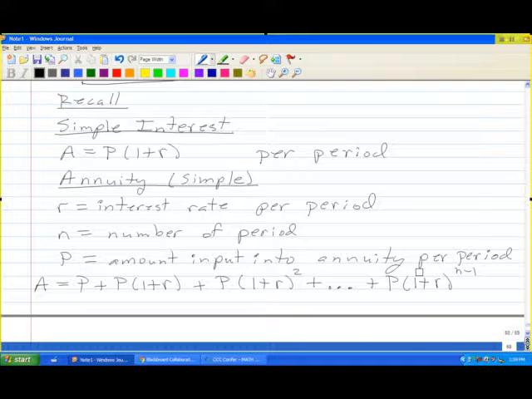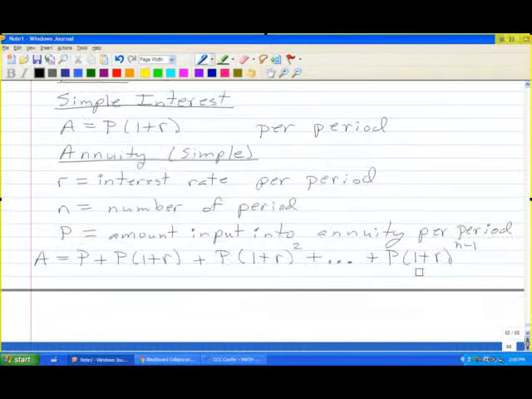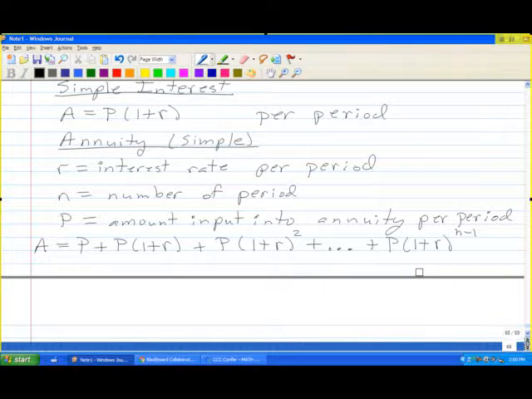And for the very first time, you've had it since the very beginning, since your last N periods. And so you have interest for it for N minus one of those periods. So this is just a geometric series.